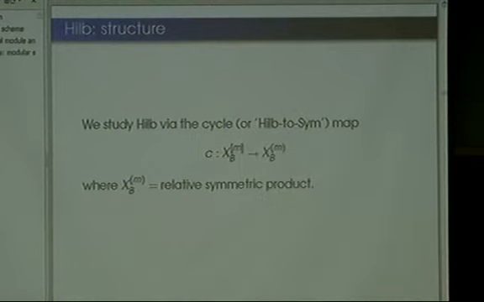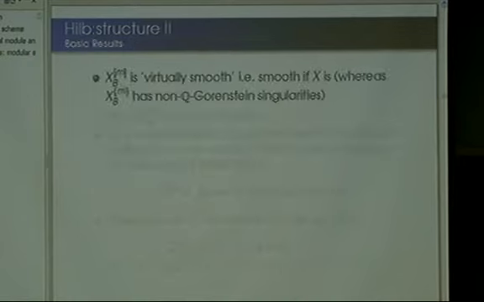Okay. So this is called the Hilbert-to-Chow or cycle map, going from the Hilbert scheme to the symmetric product. So we basically want to analyze this map, or how much difference there is in the Hilbert scheme compared to the symmetric product. Some basic results on the Hilbert scheme and on this map are the following.